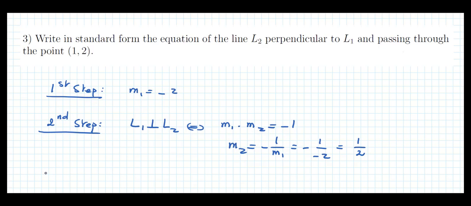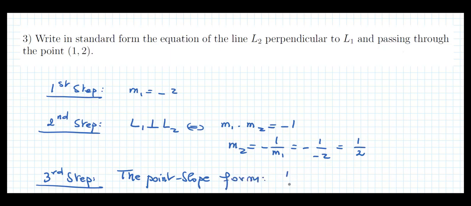Now, in the third step, we should use the point-slope form of the equation of a line. So the point-slope form is y minus y1 equals m2 times (x minus x1), where x1 and y1 are components of a point from which the line L2 will pass.